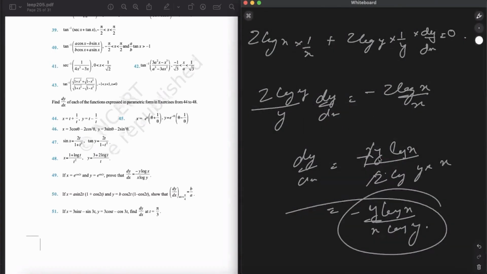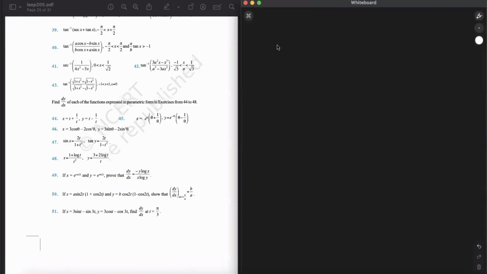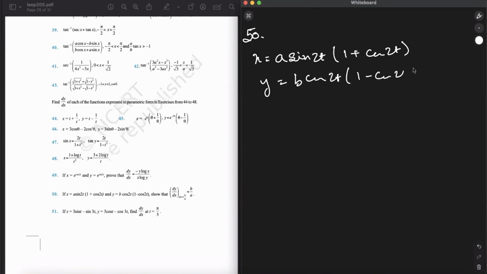So let's move on to the next question, question number 50. If x is equal to a sin 2t (1 plus cos 2t) and y is equal to b cos 2t (1 minus cos 2t), then we have to prove that dy by dx at x equal to pi by 4 is equal to b by a.